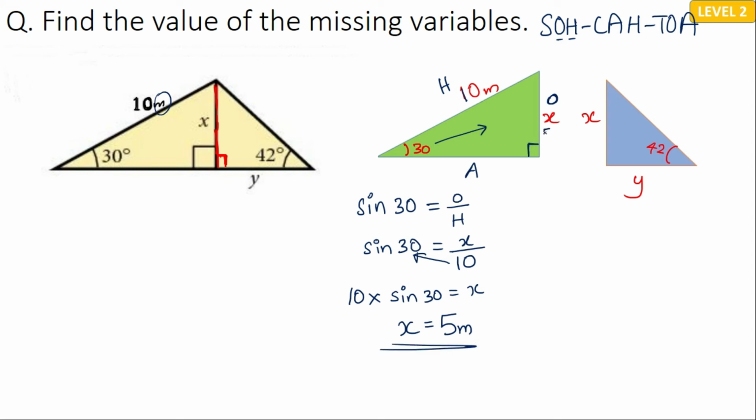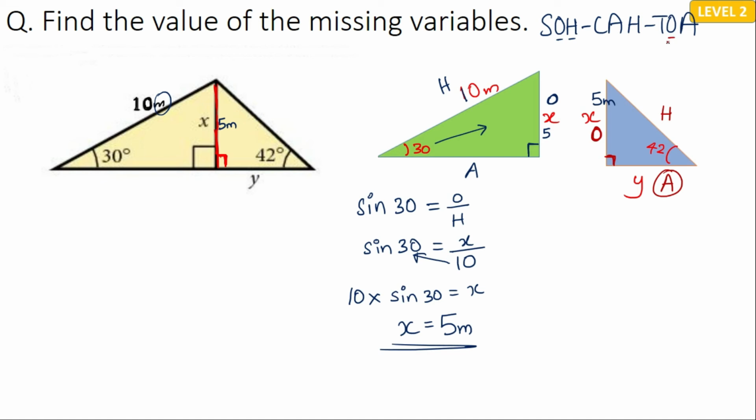Now since you have got 5 here, you're going to use the same value of 5 in this triangle, starting with the same rule, labeling first. So this is the 90 degrees. So H here, the side opposite is labeled here, and Y is your adjacent. So you have O and A. We don't have to talk about H here.